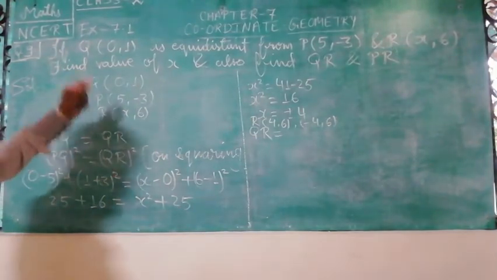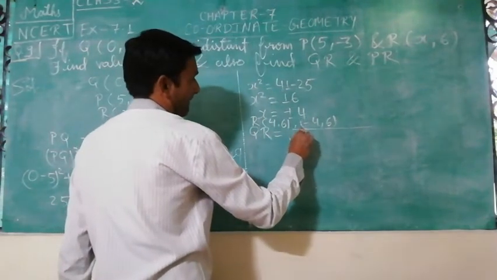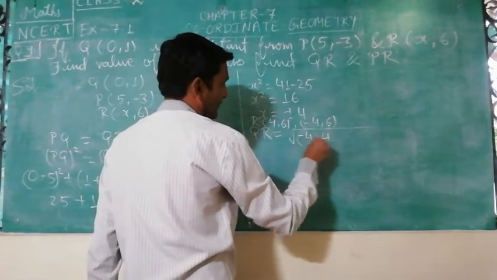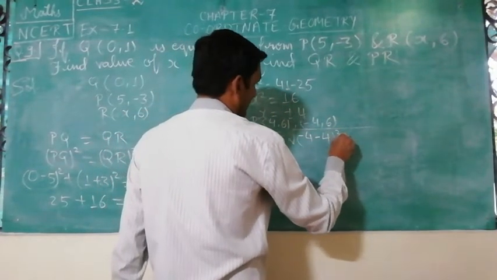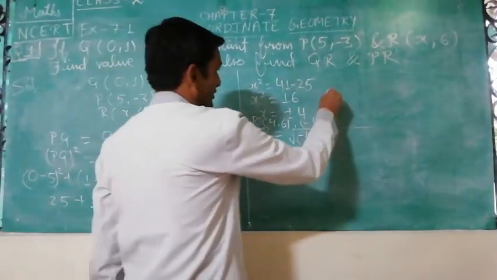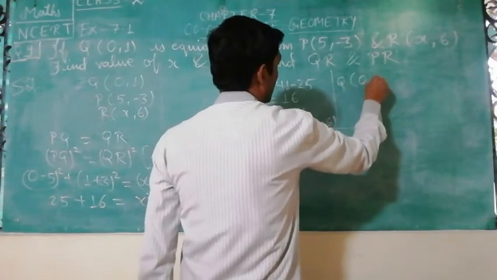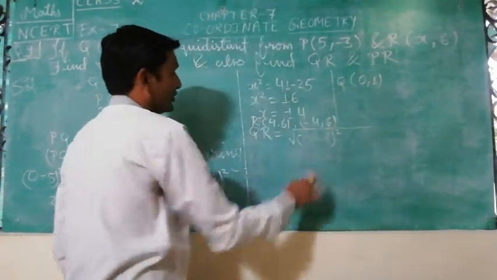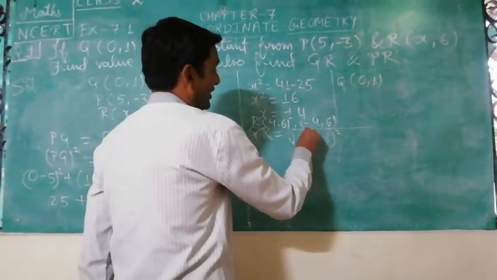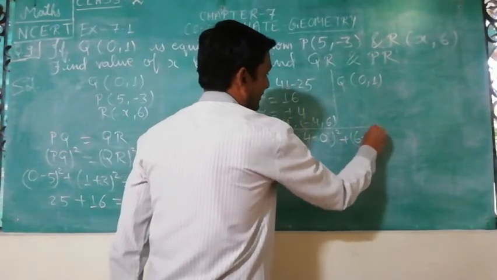QR we are finding, root of (minus 4) whole square. Sorry, it is 4. Coordinates of Q, see, coordinates of Q is (0, 1). So QR we are finding. R means (4, 6), sorry. So (4 minus 0) whole square and then (6 minus 1) whole square.